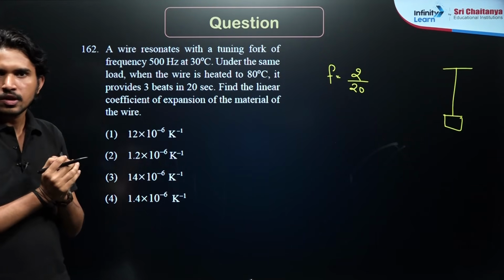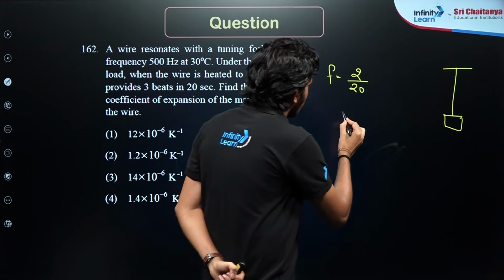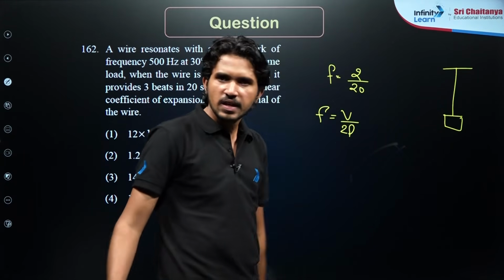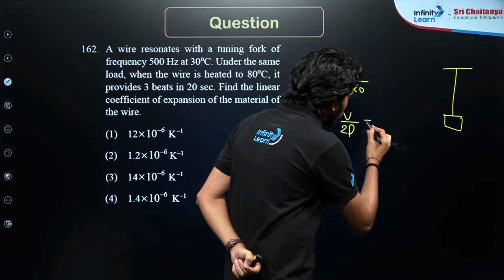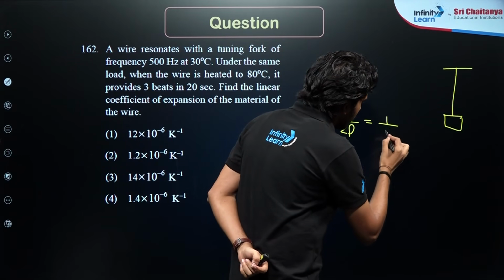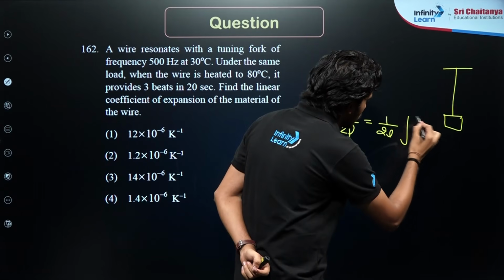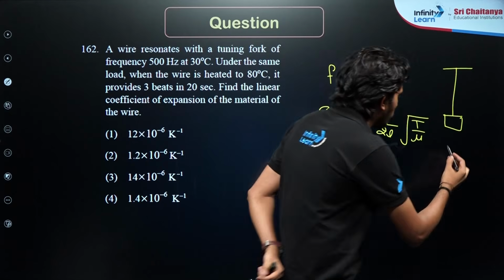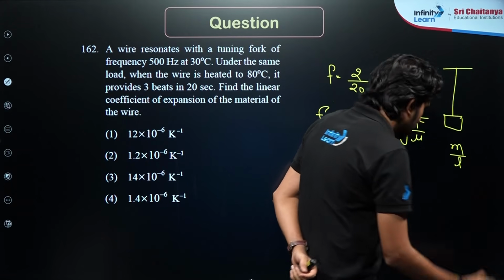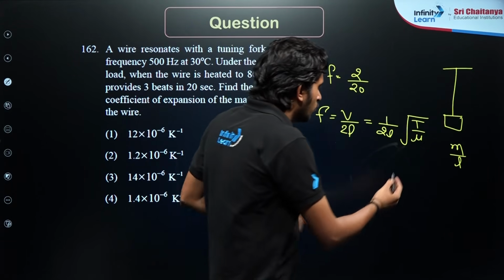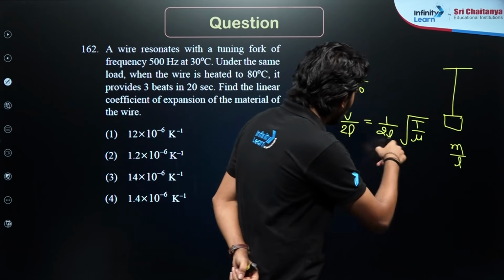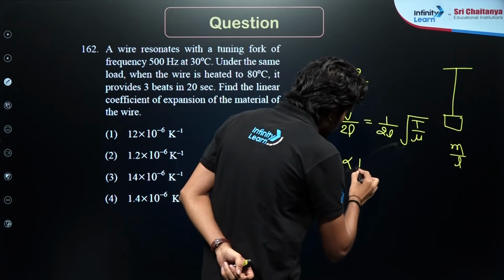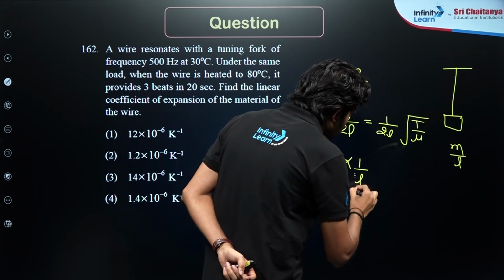So we got the value of the beat frequency, and we know the formula for frequency: f is v by 2L, and v is root of T by mu, so f is 1 by 2L root of T by mu. And mu is mass per unit length. When you write that, the frequency will be proportional to 1 by root L. Yes or no?